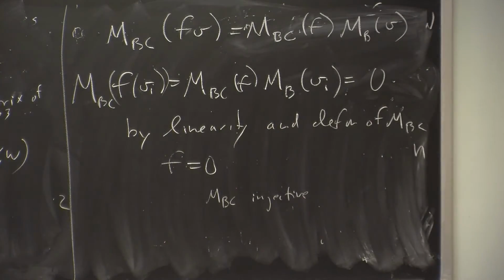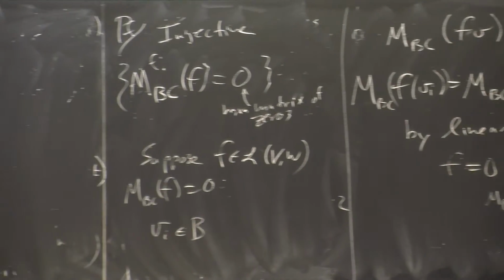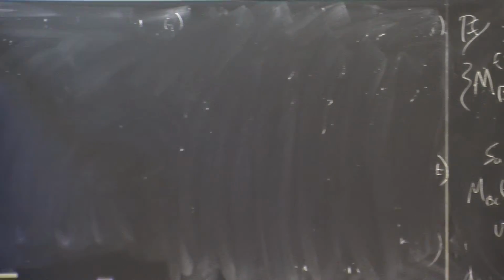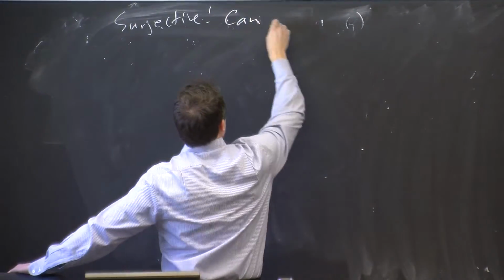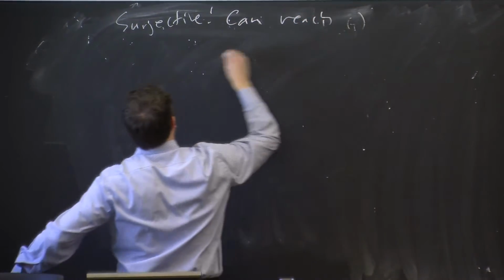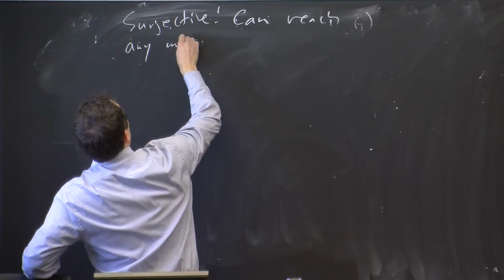On the other side, surjectivity. For surjectivity, what we want to show is that we can reach any matrix.